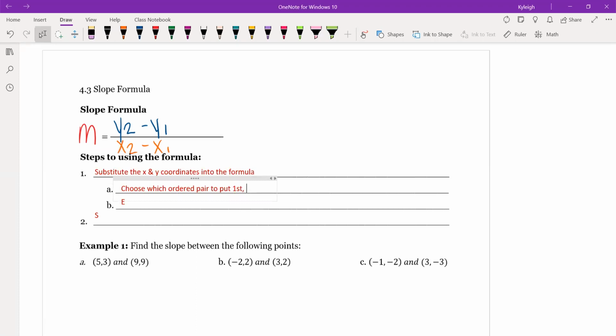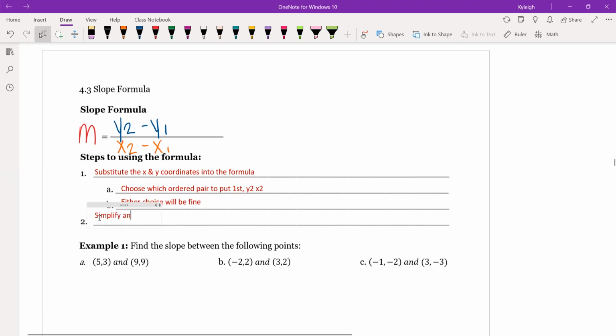Generally I do y2, x2, okay? But either choice will be fine. So you could put your x1, y1 first, it doesn't matter. We'll talk about that again. So either choice is fine.